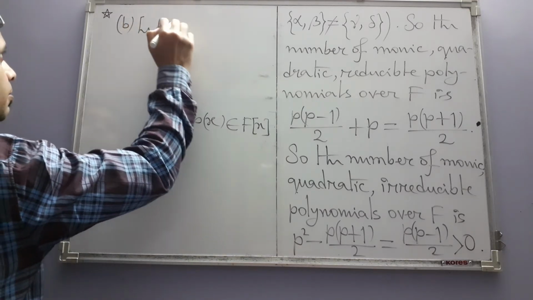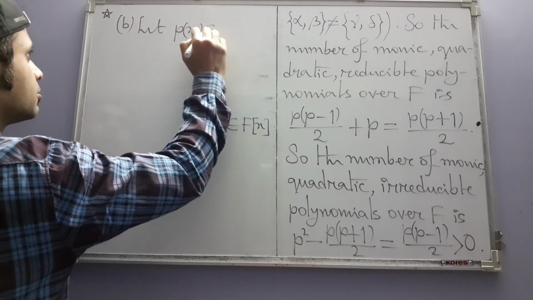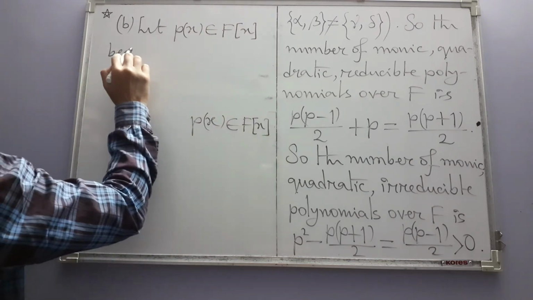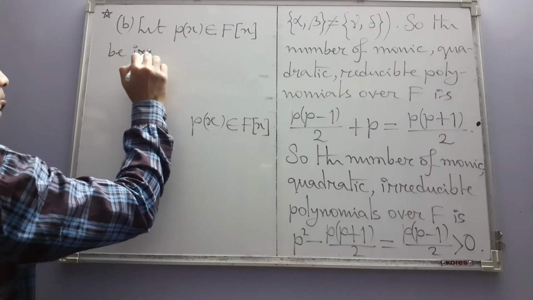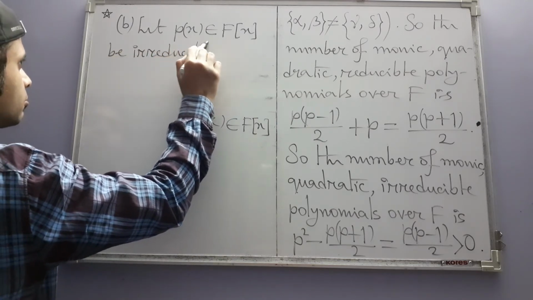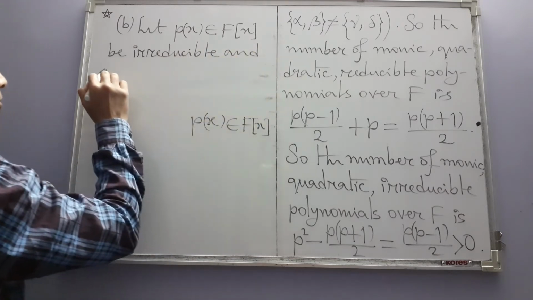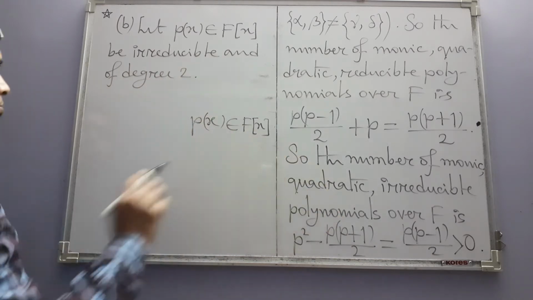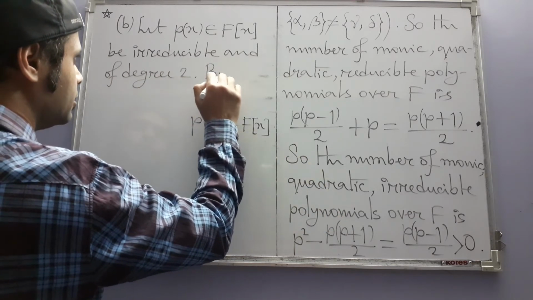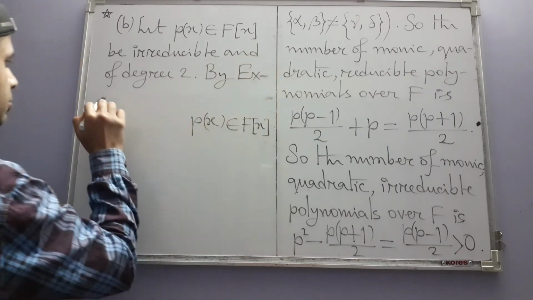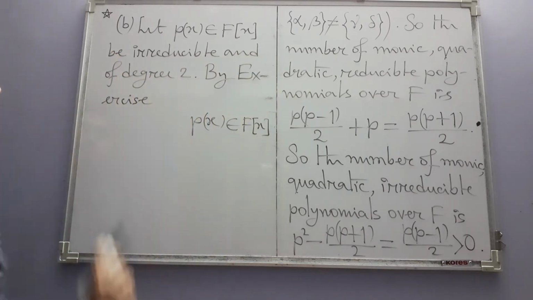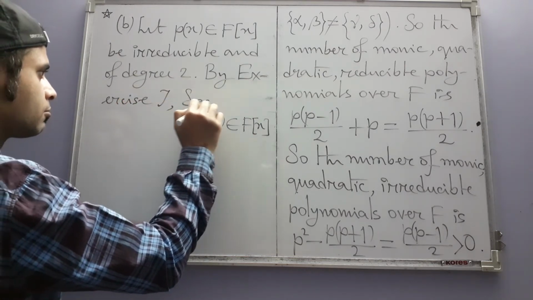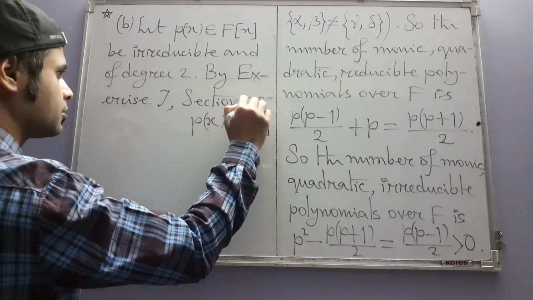Let p(x) be irreducible and of degree 2, whose existence we have just now proved by exercise 7 of section 3.9.